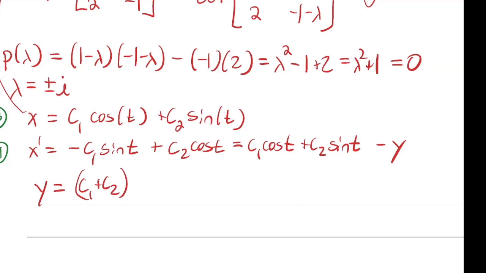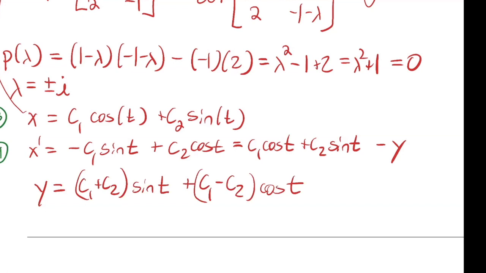And I'm going to write this with my sine and cosine terms grouped together. And so again, what we saw last time was that these coefficients in the equation for y should depend on the arbitrary constants that we used in the equation for x. And it could be some combination of those like we see here.